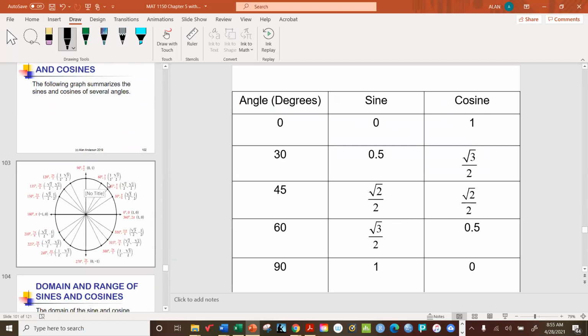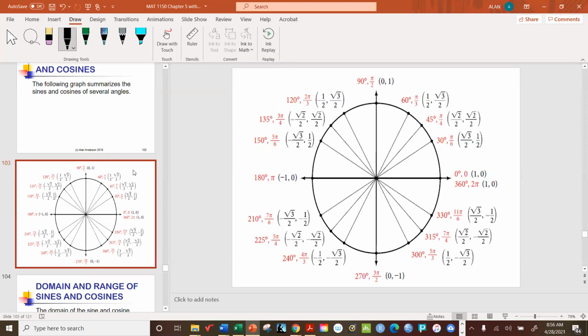So we have this diagram, the so-called unit circle diagram. And this diagram is just showing you several of the standard sines and cosines. And so you can see, for example, which we did ourselves, 45 degrees, which is the same thing as pi over 4. The first coordinate, remember, is the cosine, and the second one is the sine.